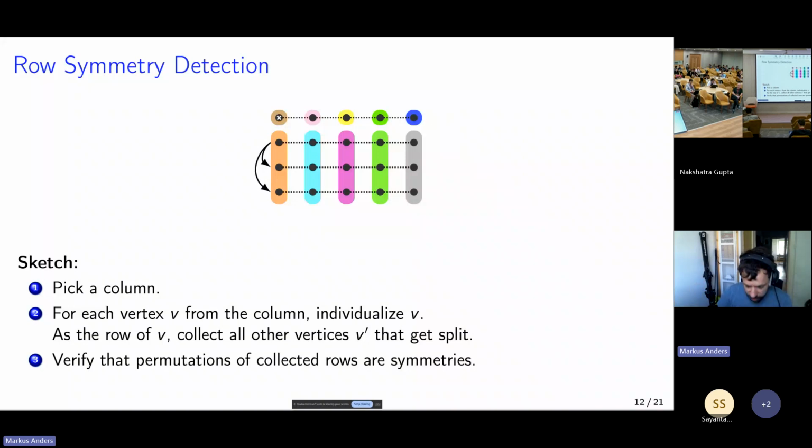And then once we've created this structure, we just verify that this is actually the symmetries of the formula. Because we work with this approximation, we need to make sure this is correct. And we can just do this by testing certain permutations of the rows. All right. And then, as I've said, knowing that we have row symmetry, we can produce this efficient complete symmetry breaking constraint.